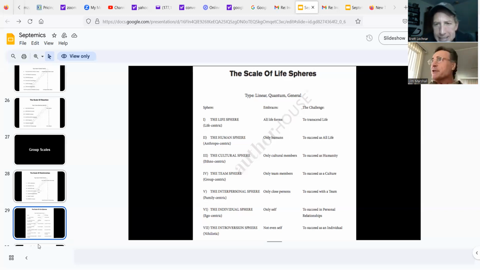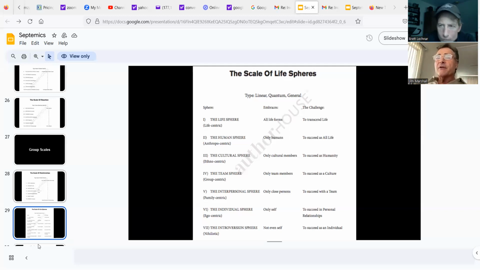And your wife is a Hasidic Jew, your best friend's a Hasidic Jew, you are ethnocentric. This person cannot succeed as humanity. It's too big for this person. See, this person can have a team, can have a family, can help himself, can even be introverted. So you see, these are concentric spheres.